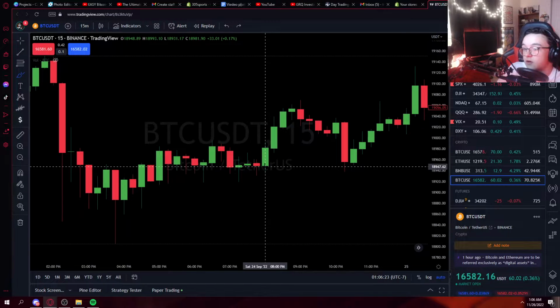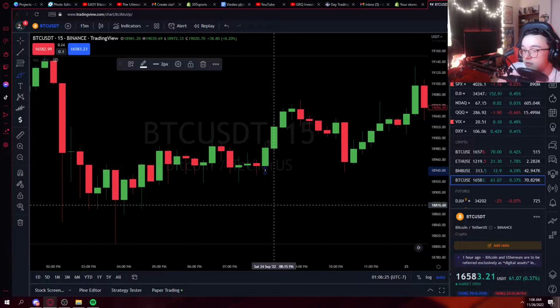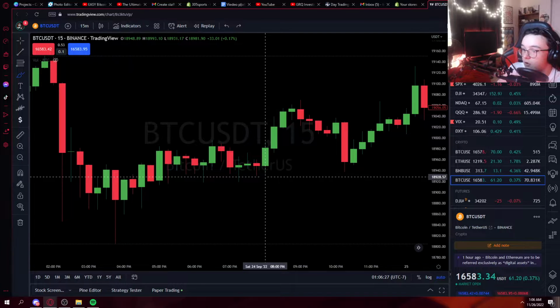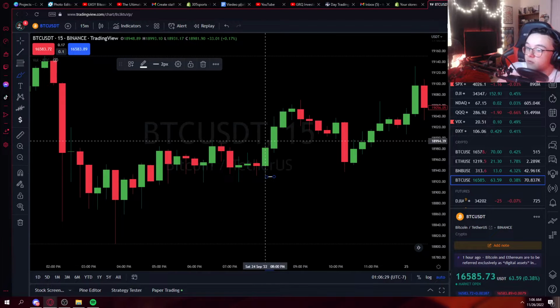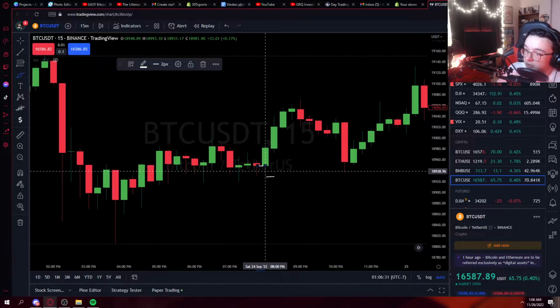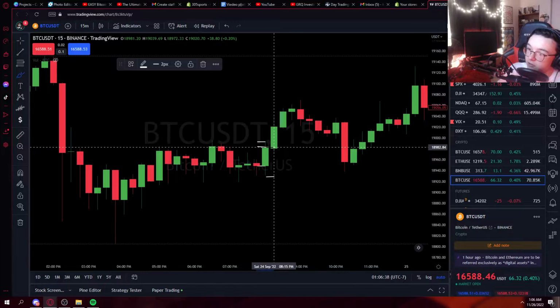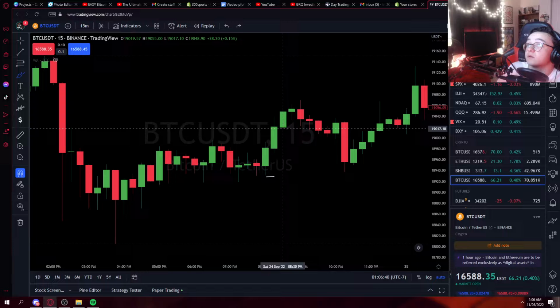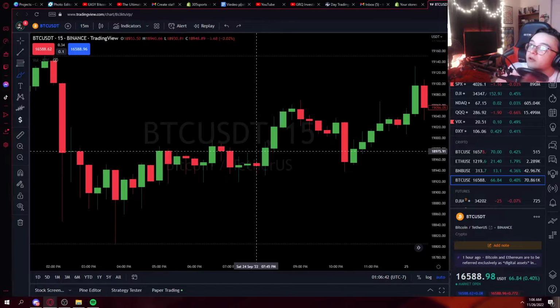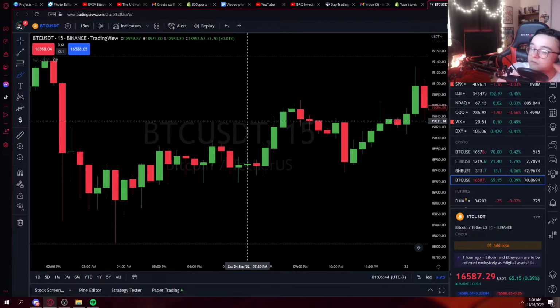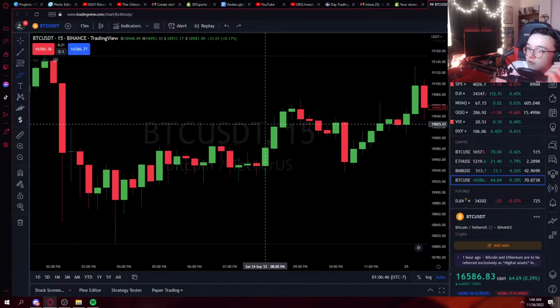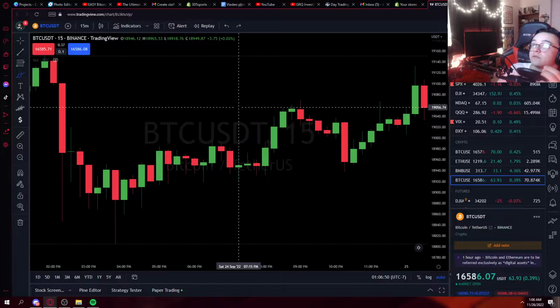And what these wicks are is basically in that trading period, it went down all the way to here. It started off right here, but then it went down. Then eventually it went all the way back up here, and then went down a little bit until it finally closed right here. It's a little bit hard to understand at first, but you'll get it. I'll have a separate video going over all of that, patterns and all that stuff.